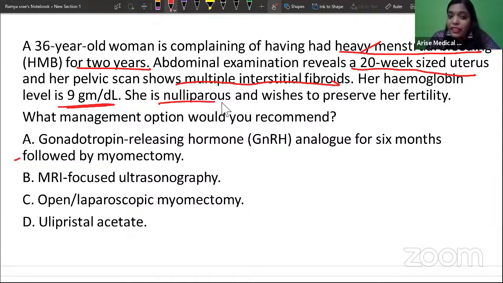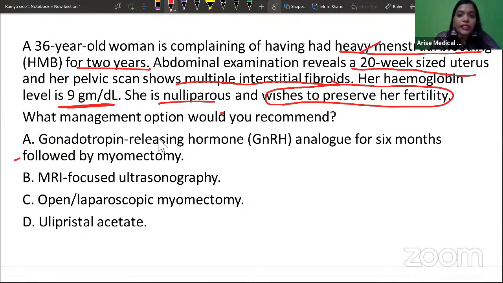She is nulliparous and wishes to preserve her fertility. She wants to get pregnant in future. What management option would you recommend? GnRH analog for 6 months followed by myomectomy, MRI focused ultrasonography, open or laparoscopic myomectomy, ulipristal acetate.